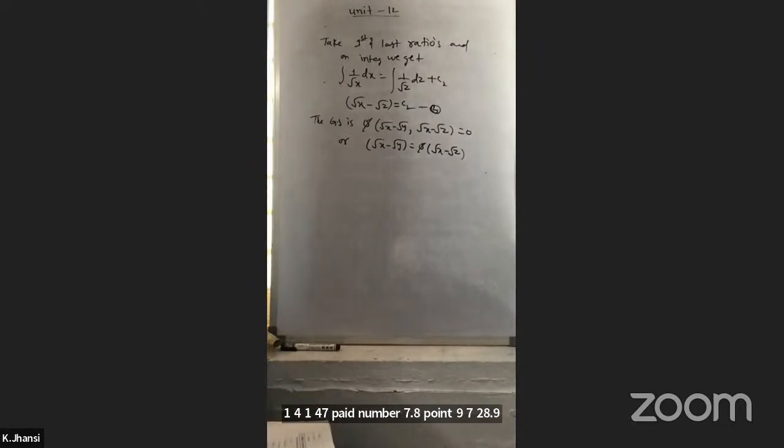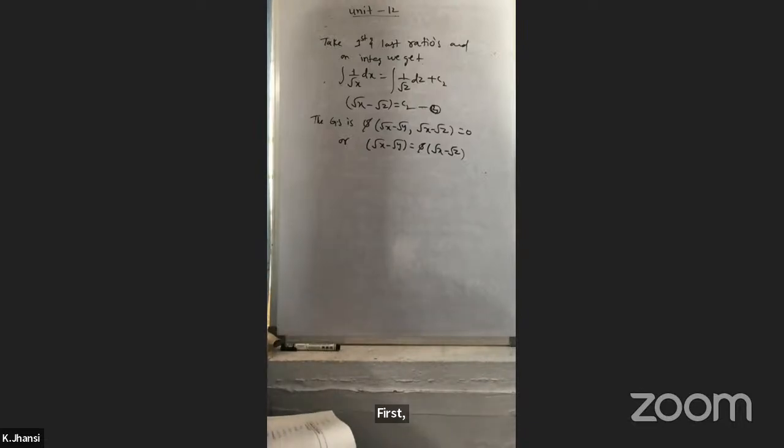And again 155 page number, 7th bit it is. So in that, first one, third one, fourth one, and fifth one. First, third, fourth, fifth, these all are the 10 marks questions, orthogonal trajectories. In that fourth question I have told, second one also I have told at the introduction time.